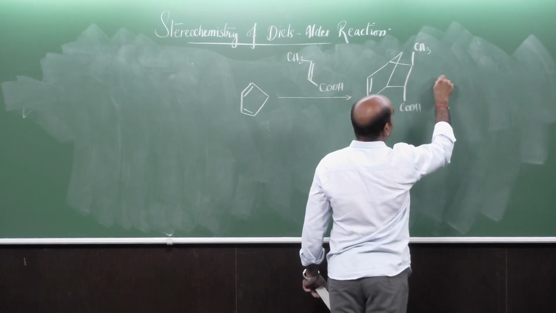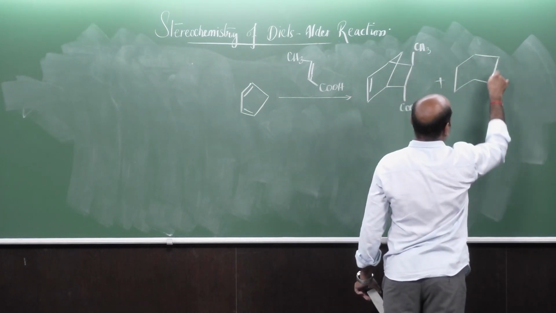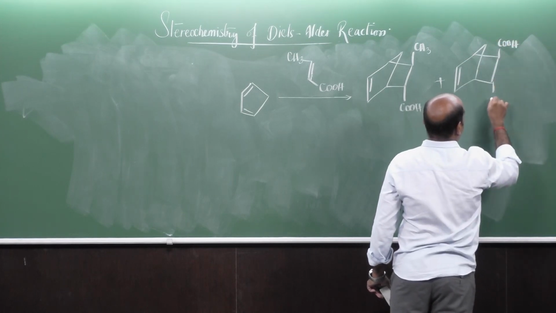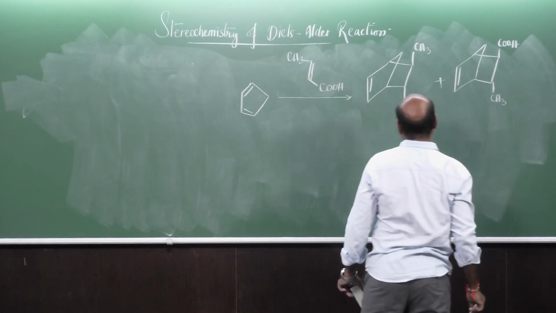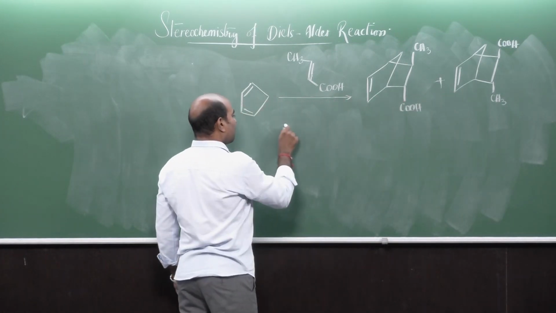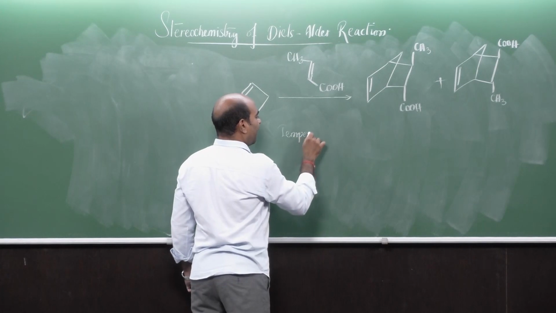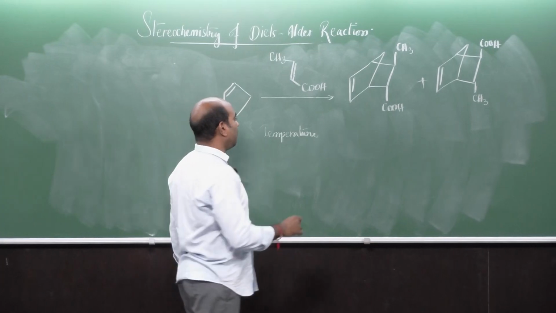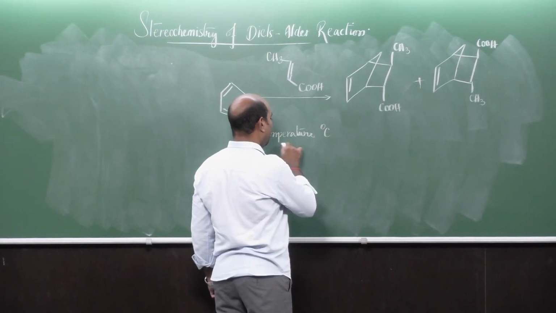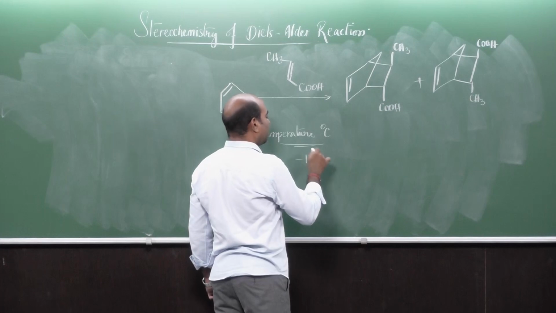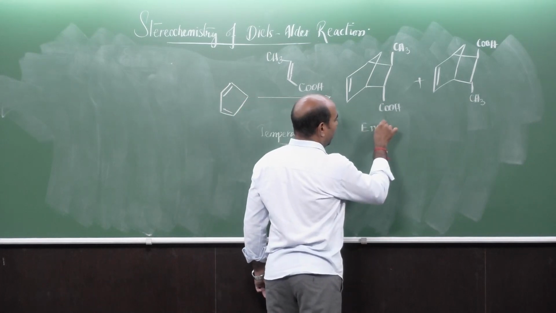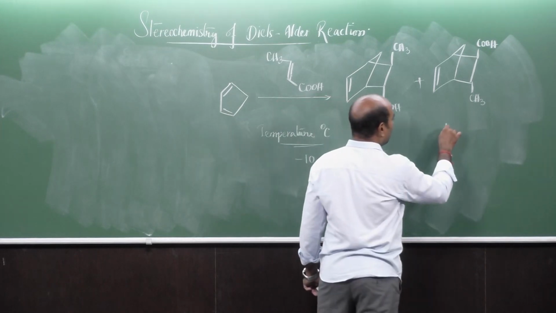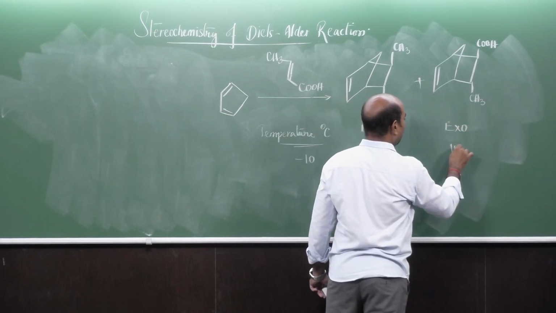This is an endoisomer plus this is an exoisomer, right. As discussed already, the temperature of the reaction plays a crucial role in determining the ratio of the endo and exoisomers, in degree centigrade. So, at minus 10 degree centigrade, the endoisomer is the major compound, which is about 85%, and the exoisomer is only 15%.